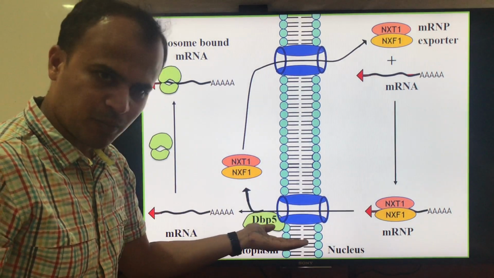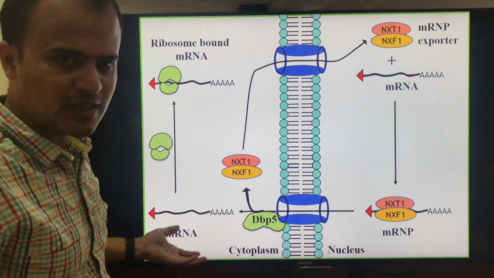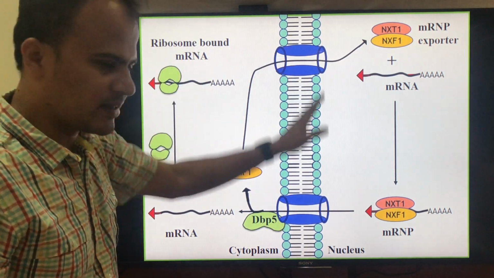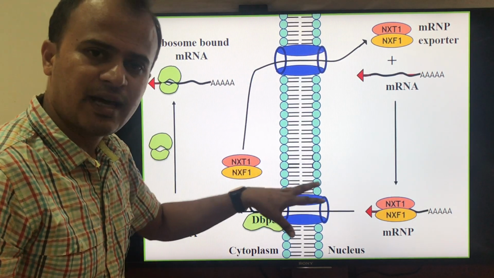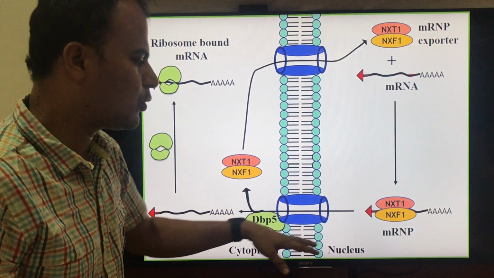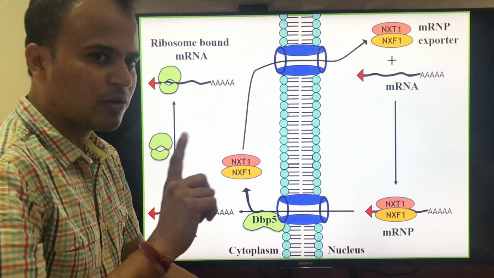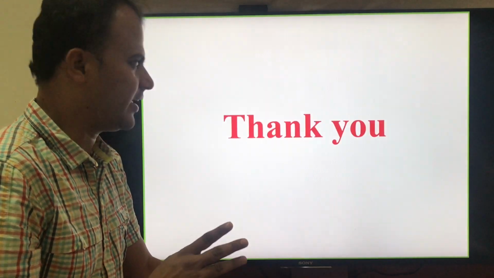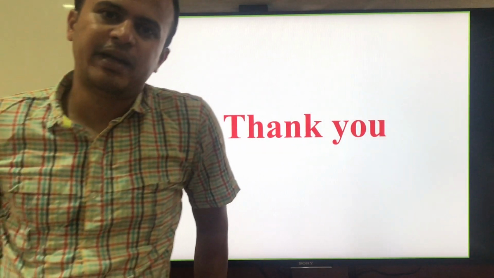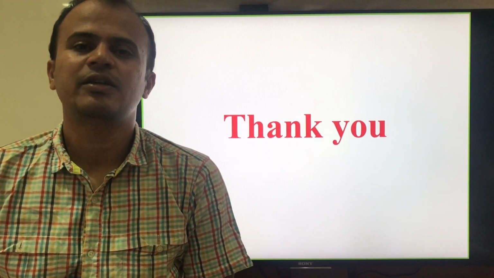Through a simple diffusion process, again they are sent to the cytoplasmic compartment and this cycle continues. Therefore, by this mechanism, the majority of mRNAs are transported from nucleus to cytoplasm. Here, no RAN proteins are involved, as in the case of rRNA and tRNA. So this completes the transportation of the mRNA across the nuclear membrane.